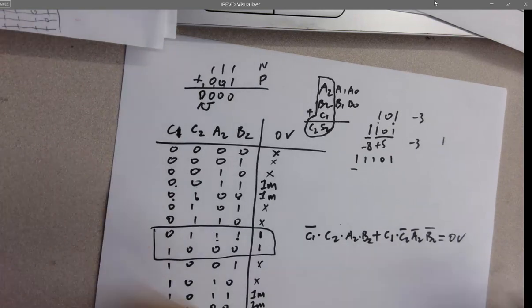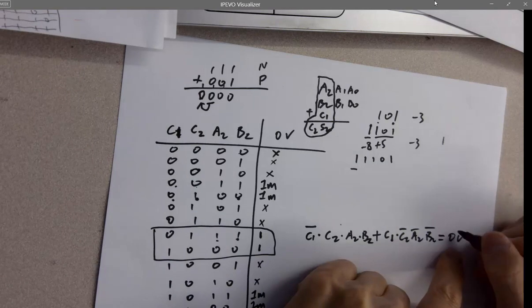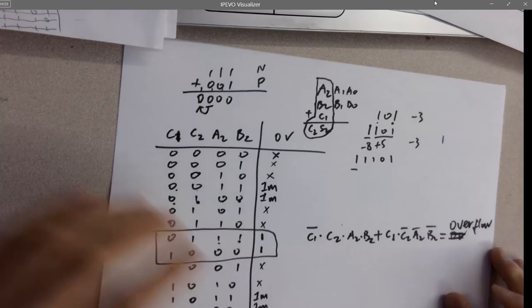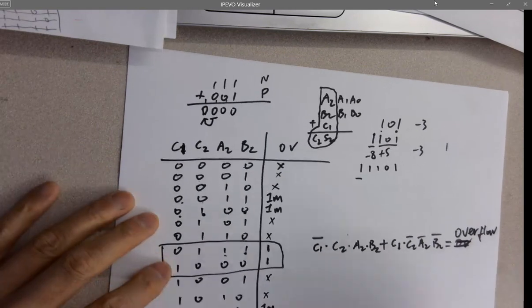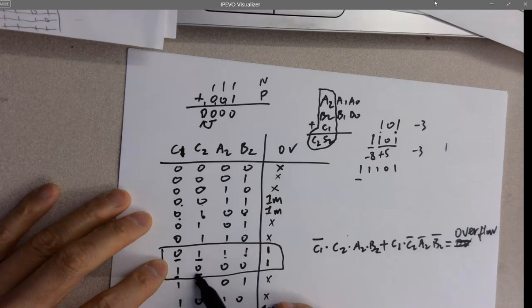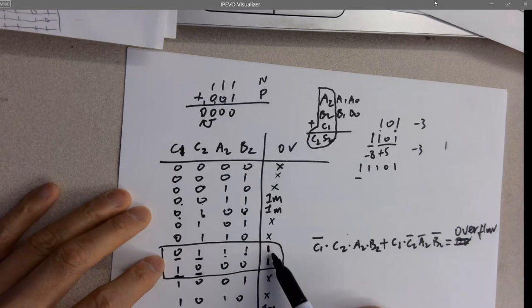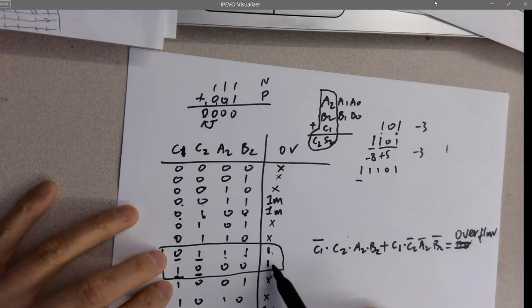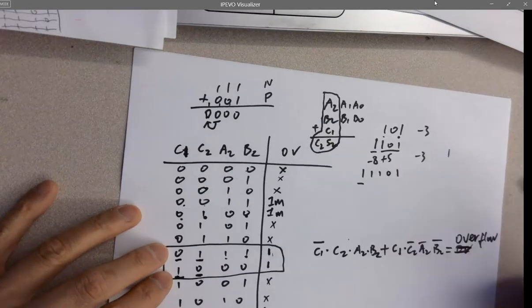This is overflow. So whenever C1 and C2 are different, you are getting a 1. That's true for these two, but is that true for all the other ones?